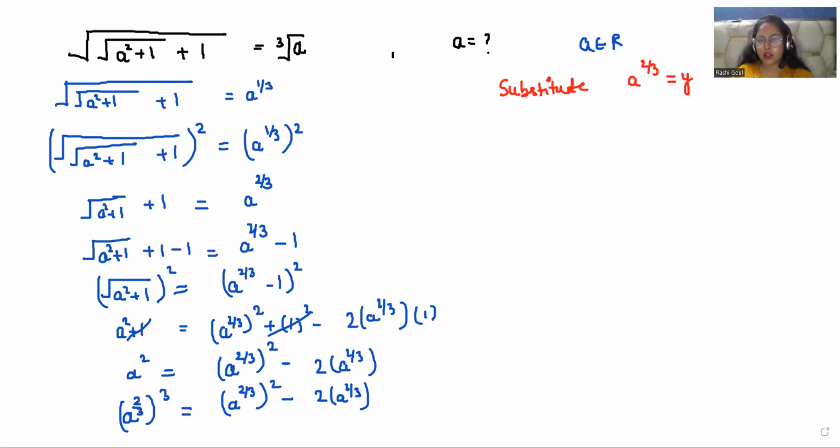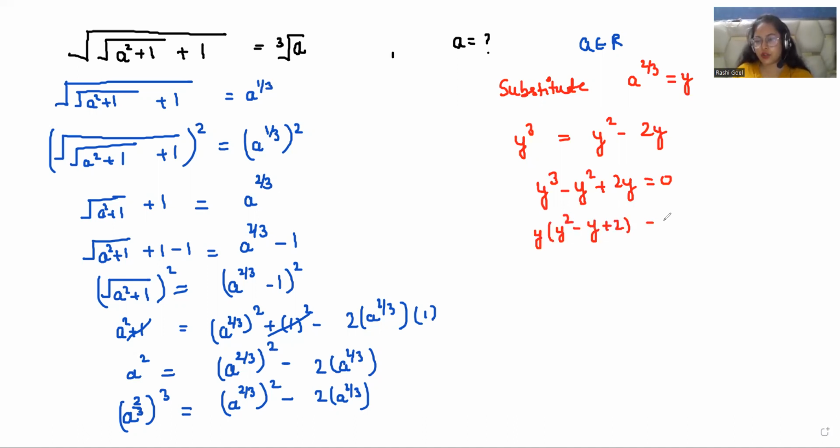So I can write the equation as y cube is equal to y square minus 2y. So I'm taking all the terms to one side. So y cube minus y square plus 2y is equal to 0. If I take y common, then y times (y square minus y plus 2) is equal to 0.